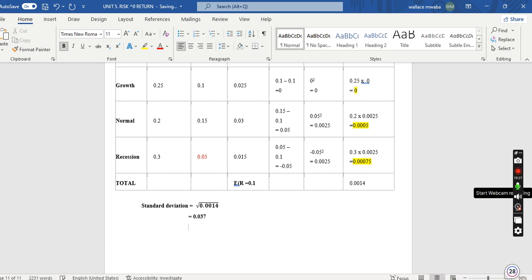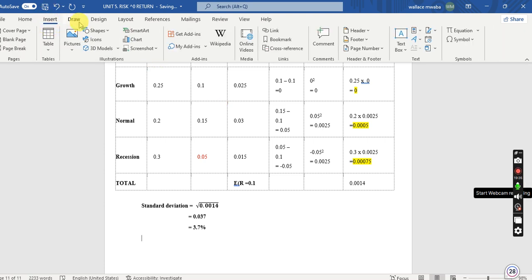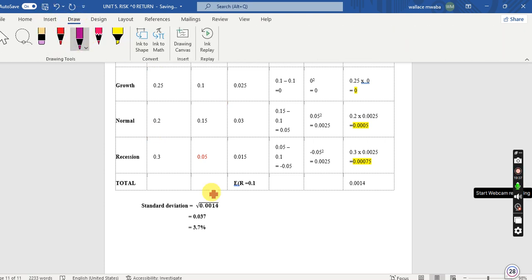Meaning your profits might not be that far from your actual profit. Think of it like a number line. We said our average return, or expected return for company A, is 10%, and we have a standard deviation of 3.7%.